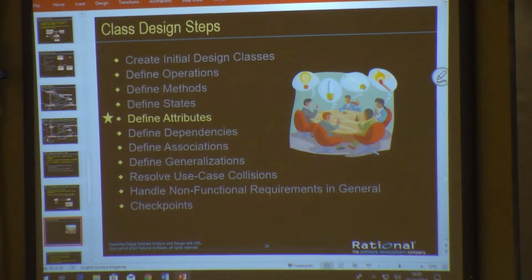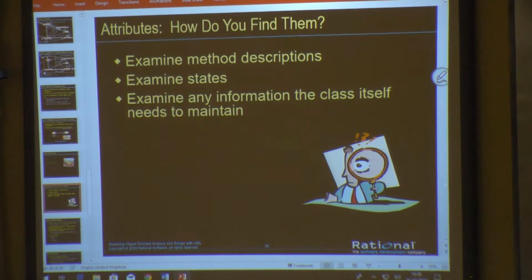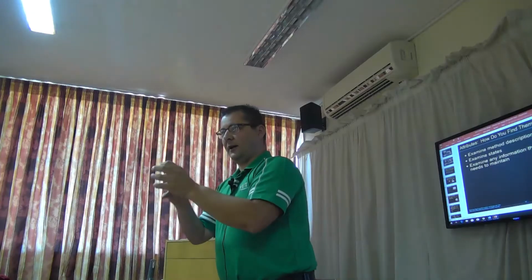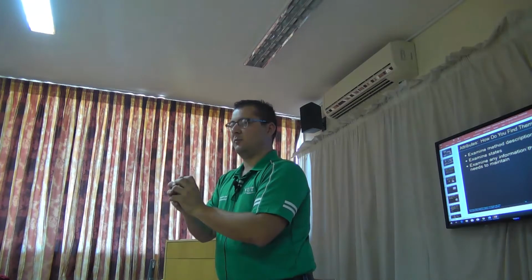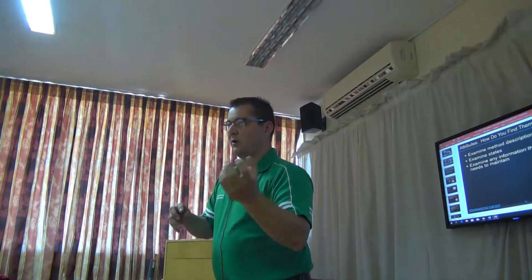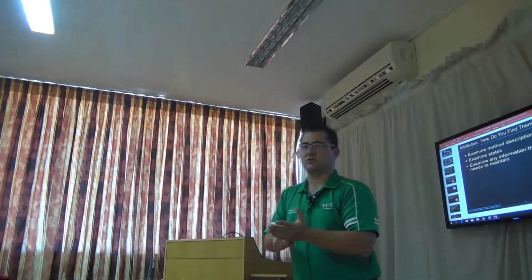Then there's quickly a matter where they're discussing attributes. What we're seeing is that to identify attributes, we need to look at the actual method descriptions. For example, if we're saying, how do I get my balance? I need to look at that information in a bit more detail and ask, what possible attributes do I need to store?